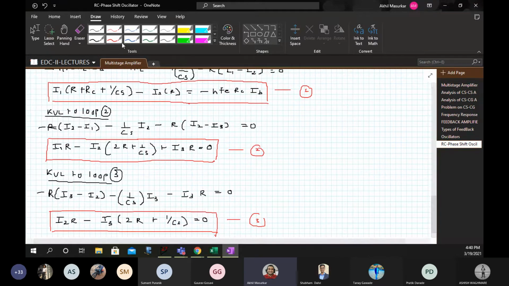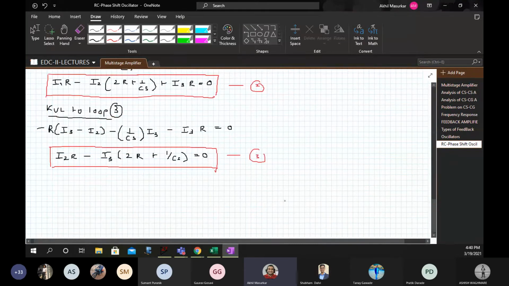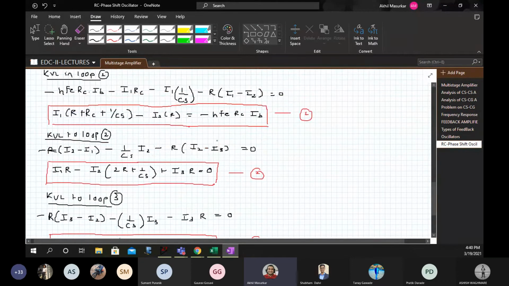So now let us write these equations as a matrix. How can we write them? We will have a matrix which is 3 cross 3. In the first equation, what is the coefficient?